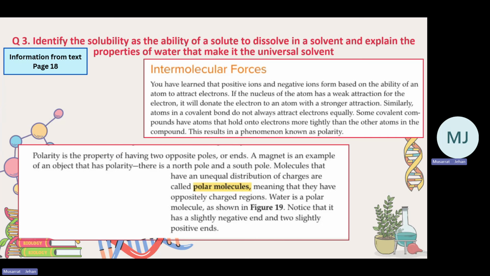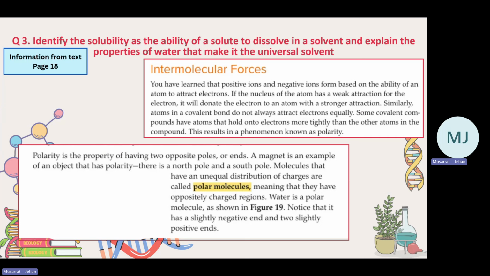This happens in ionic bonds, but in covalent bonds, they don't attract electrons equally. Some covalent compounds have atoms that hold on to electrons more tightly than other atoms in the compound. This results in a phenomenon known as polarity.